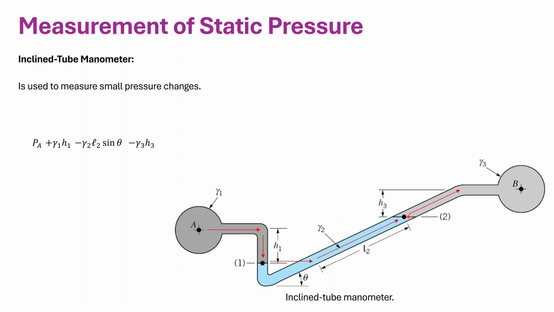And then from here to here, again, what matters is only this vertical distance, which is gamma 3 times H3. And pressure here equals PB. So if you rearrange that, again, we want to find the pressure difference between A and B. PA minus PB equals gamma 2 L2 sine theta plus gamma 3 H3 minus gamma 1 H1.